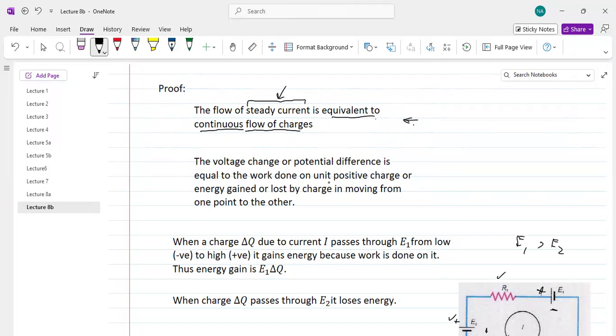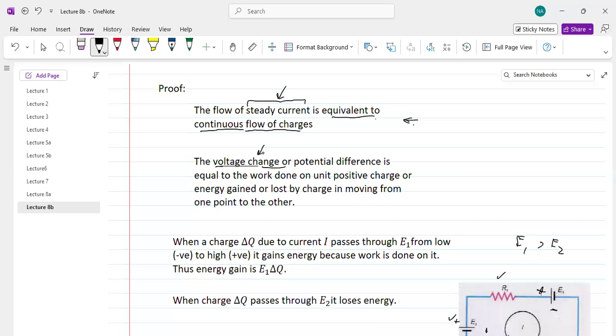And then the second point we must keep in mind is what potential change or potential difference means. These are all concepts already discussed in detail, but again we want to say something about the meaning of this.